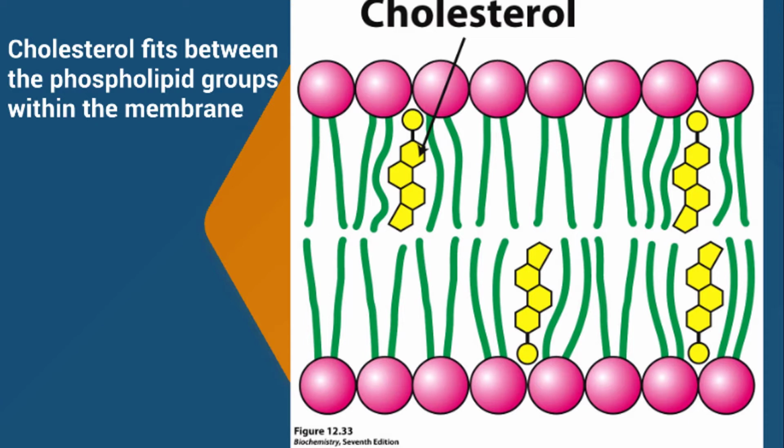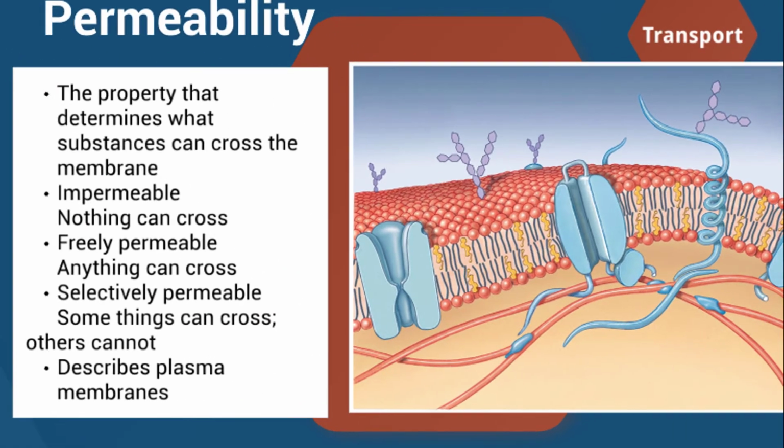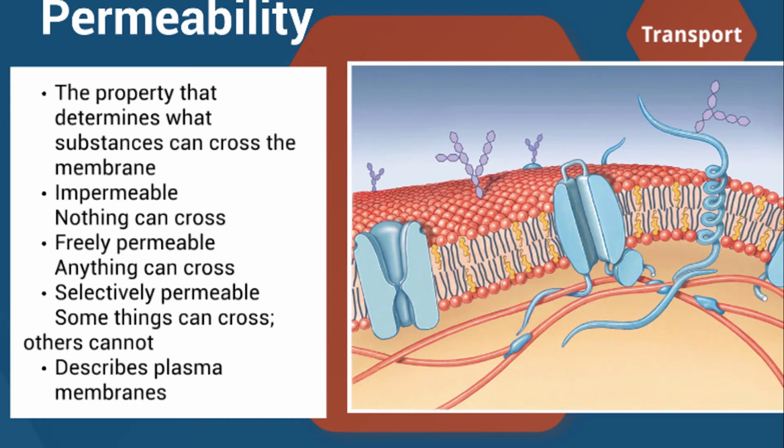The membrane lipid bilayer structure provides the first level of control. The phospholipids are tightly packed together, and the membrane has a hydrophobic interior. This structure causes the membrane to be selectively permeable. A membrane that has selective permeability allows only substances meeting certain criteria to pass through unaided.